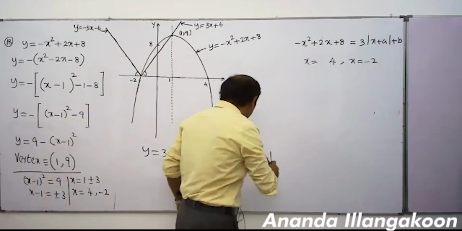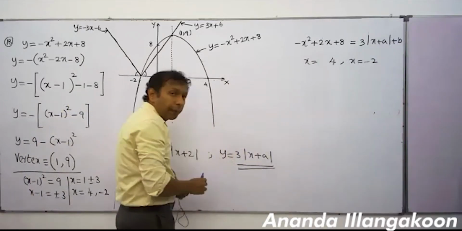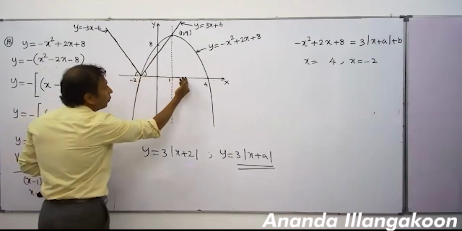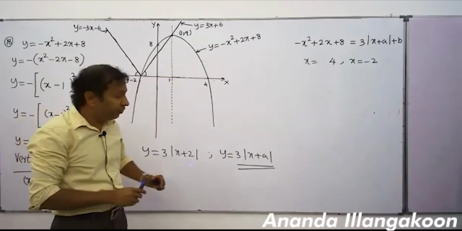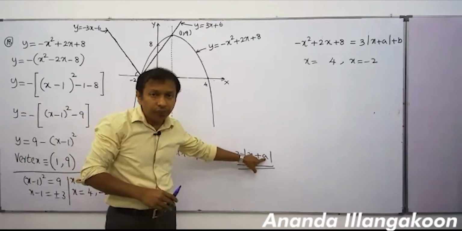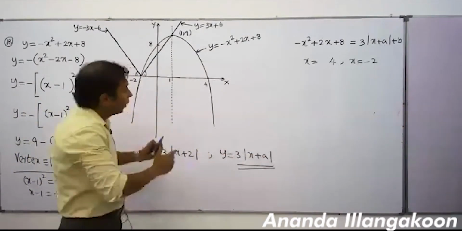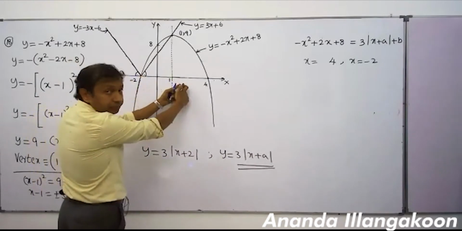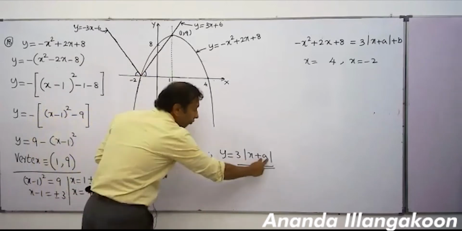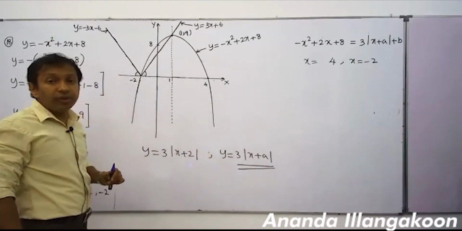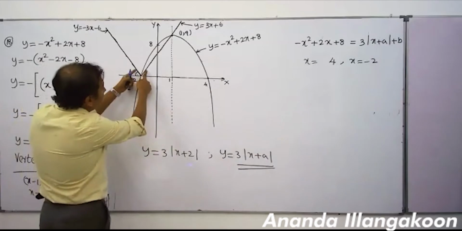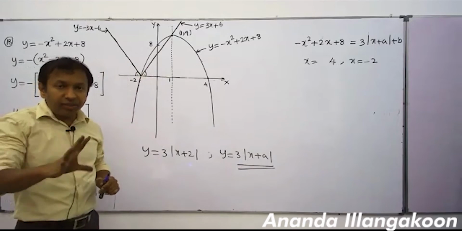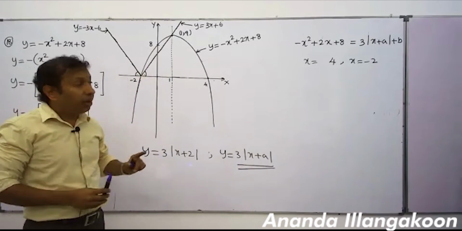Now suppose we can draw this graph by shifting this V-shaped graph to the right or left. We don't know. If this A is negative, then this graph can be obtained by shifting this point to the right. If this A is positive, people, this graph can be drawn by taking this V-shaped graph to the left.